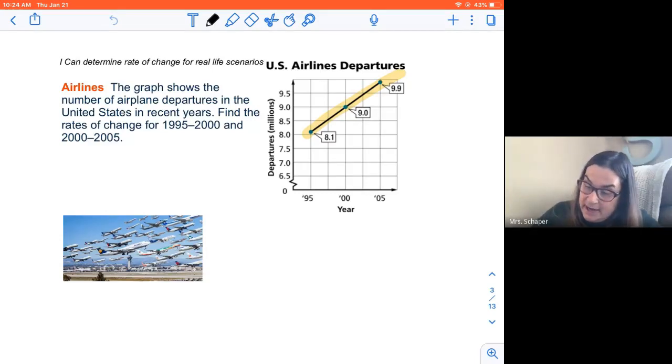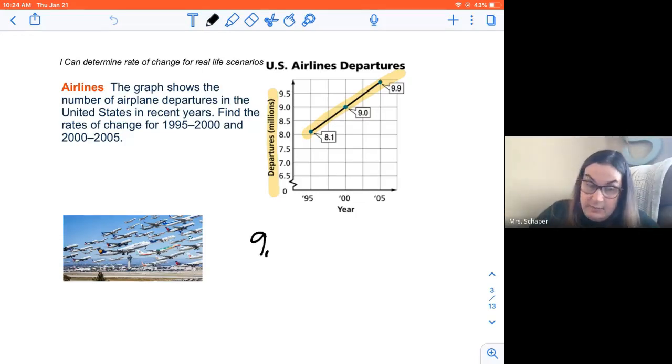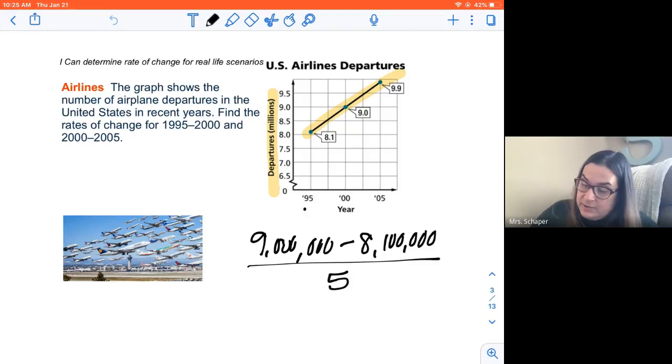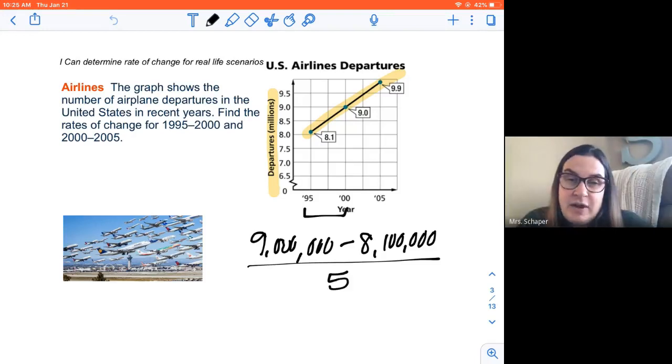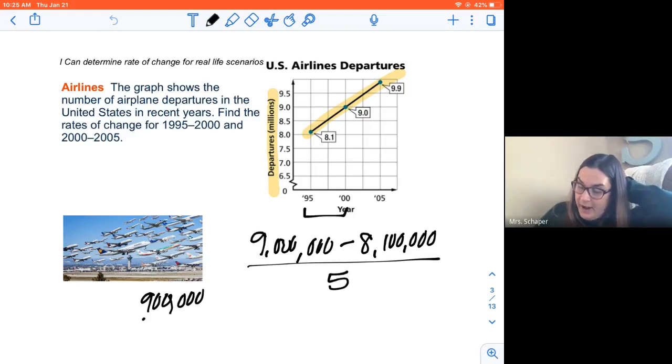So I'm going to take 9 million. Again, I'm looking at my side to know my label. It's in millions. So 9 million minus 8,100,000 divided by 5 years, because from 95 to 2000 is 5 years. So I end up with 900,000 flights over 5 years.